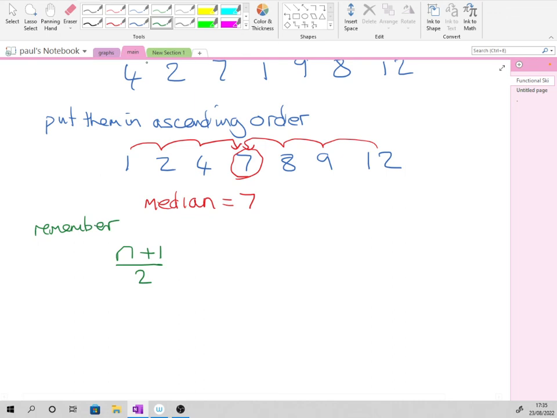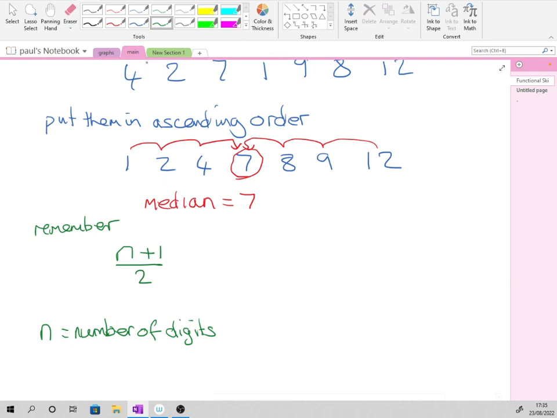Now n is the number of digits, I suppose, the number of data bits, the number of numbers. Yeah?